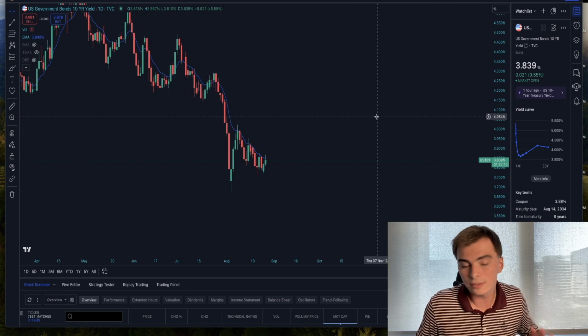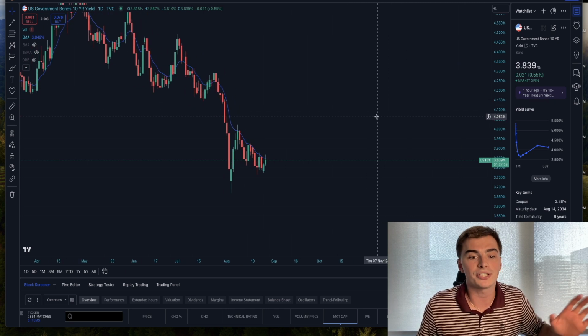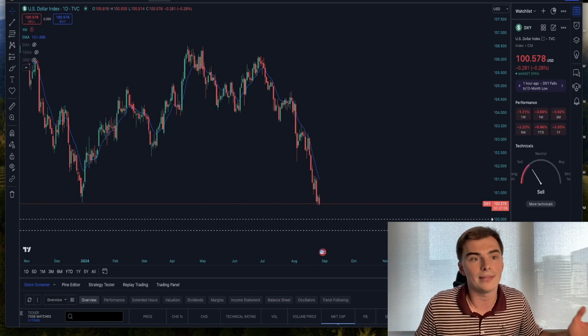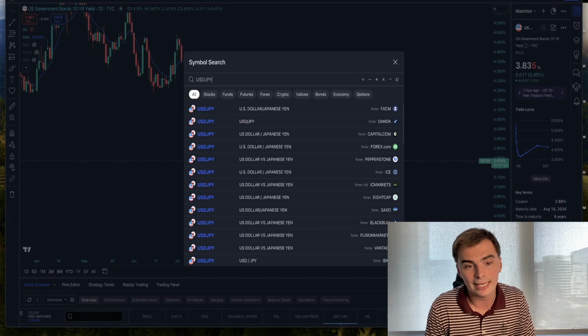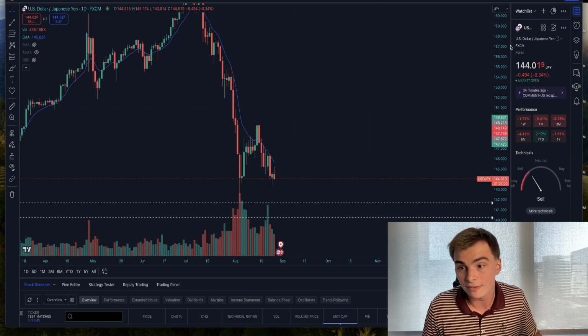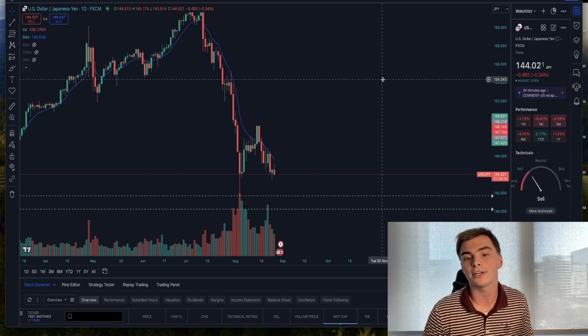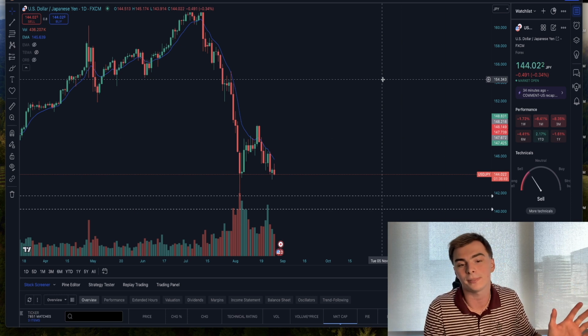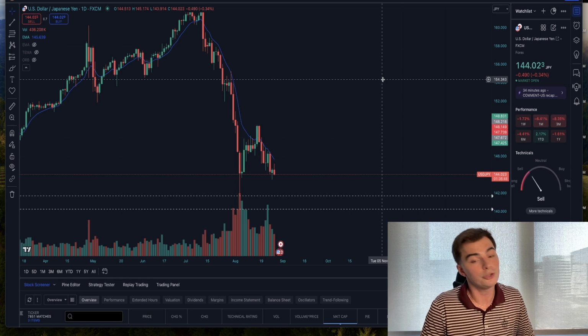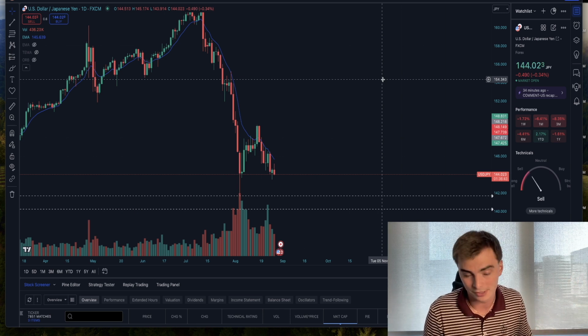Now, again, for those of you guys that still don't necessarily understand why this move down in the dollar and the potential move down in USD JPY over here can cause somewhat of a flash crash, it's that when this carry trade is put on, they have to do something with those assets. If you're going to go out and get a loan from, let's say, Japan for really, really low, let's just say for the purposes of this example, 1%, and you can go to the United States and get a risk-free rate of about 5%, well, you have a 4% spread there.